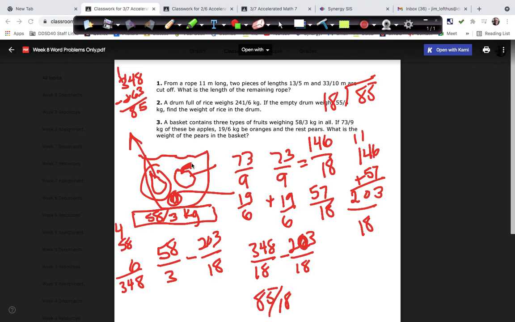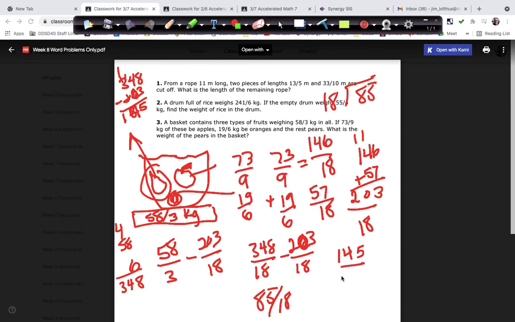I wrote it incorrectly, so then I'm going to go up here to 348 and subtract 203. So 8 minus 3 is 5. 4 minus 0 is 4. And 3 minus 2 is 1. So 145/18.